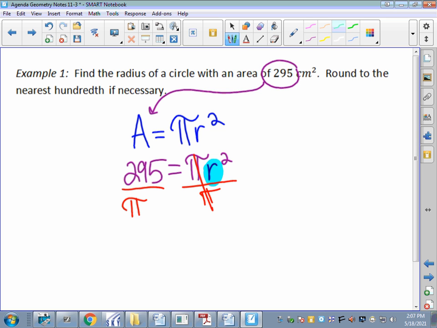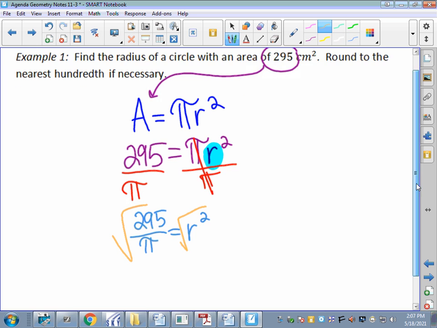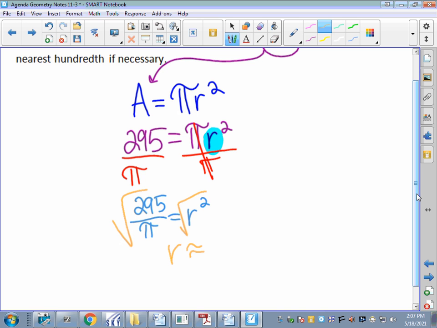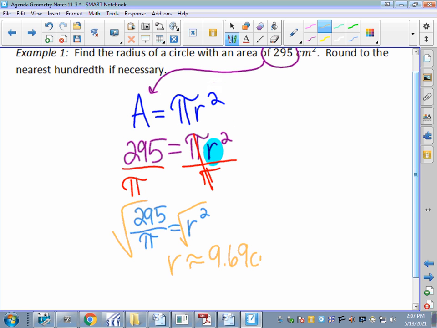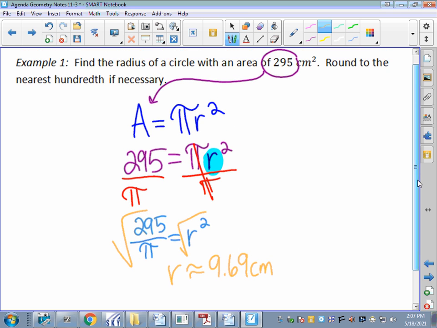So after I do that, I'm going to have whatever that answer is from 295 over pi equals r squared. And we all know at this point, we're going to square root to figure out what r is equal to. r is going to be approximately 9.69 units, centimeters. Almost 10.